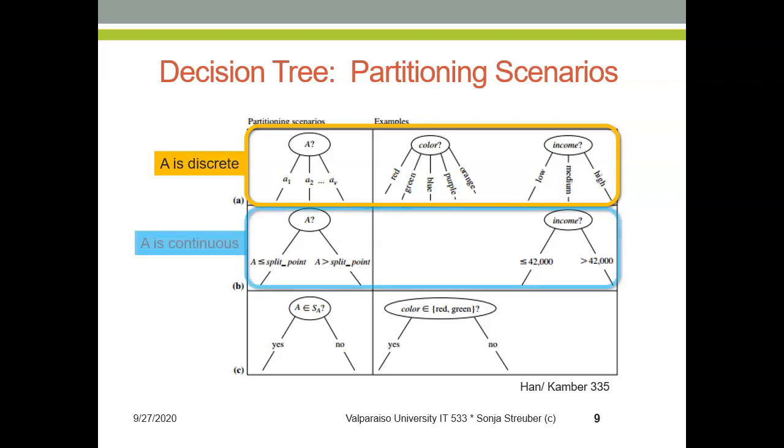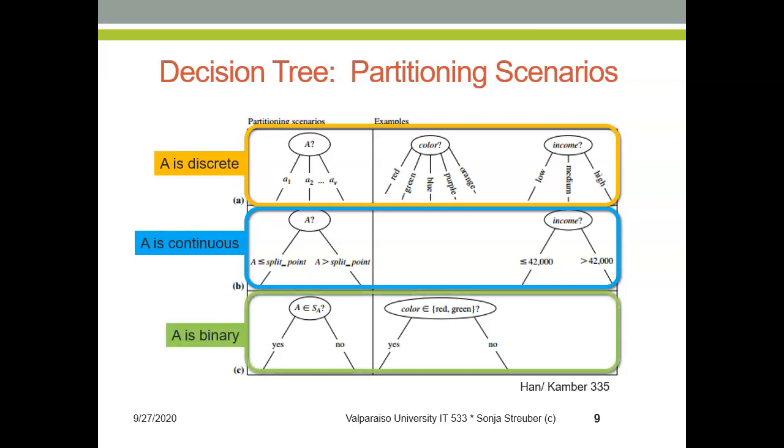If A is continuous, we're looking at a regression tree, and then we're looking for split points. These split points are automatically calculated, which is what we're seeing here with income. Or if A is binary, let's say buys computer yes or no, then we're looking at a simple yes or no split as a partitioning scenario in our decision tree.